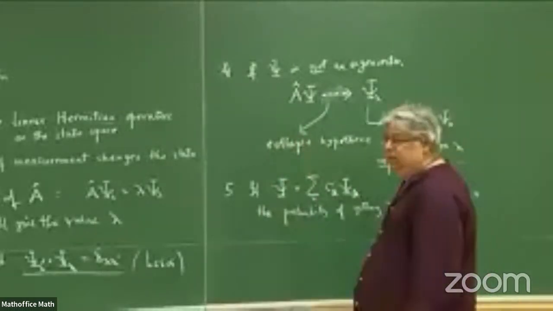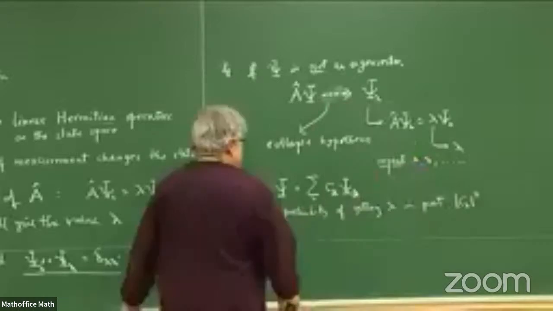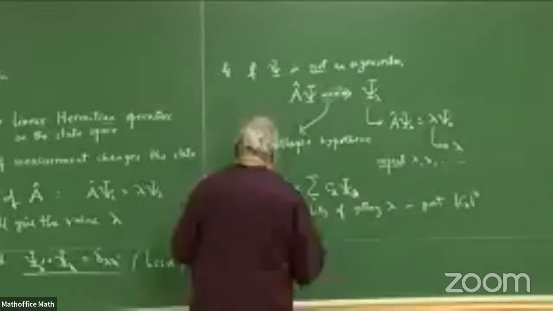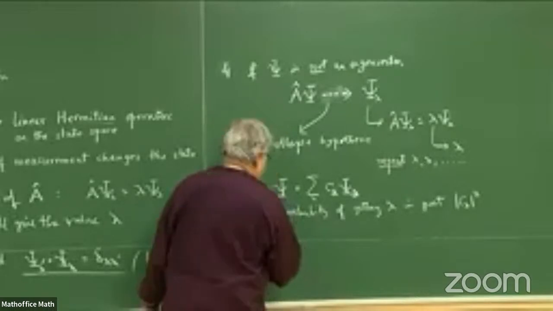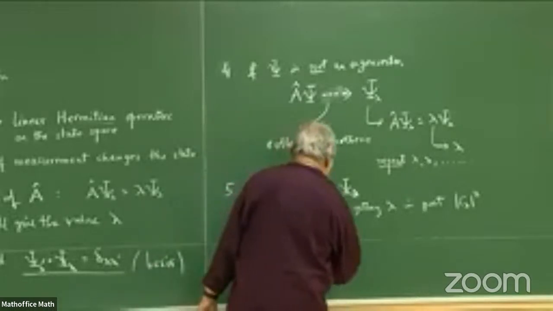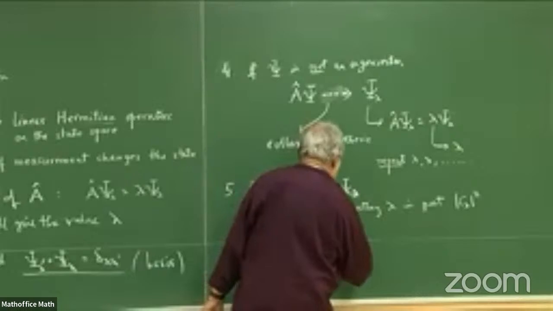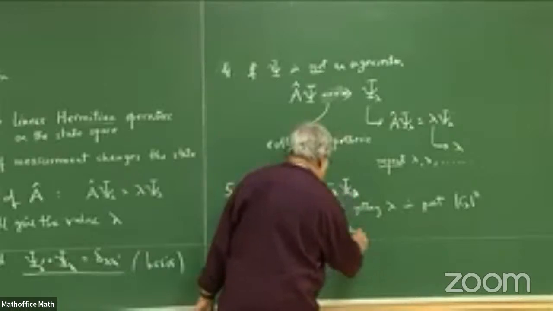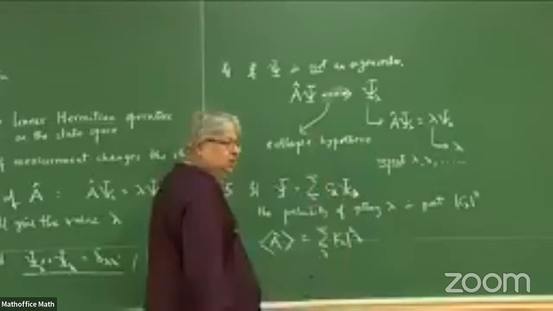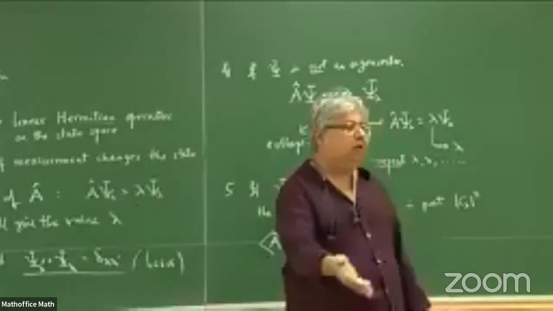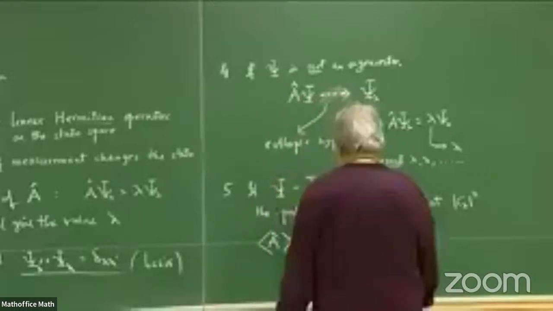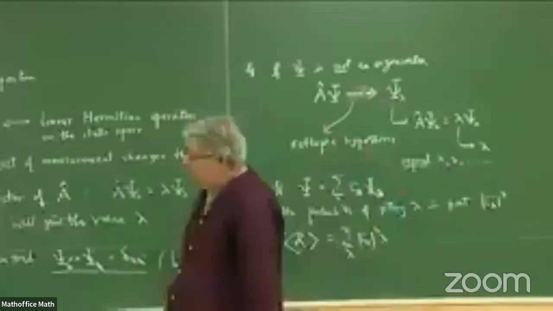Squared probabilities. Yes. And now, of course, what if you want to find the average value? You made a measurement of A. Your average value will simply be all the probabilities times lambda each, summed over lambda. Simple. Take all the numbers, whatever numbers you get, multiply by the probabilities. The total probability is already 1. I put that here.